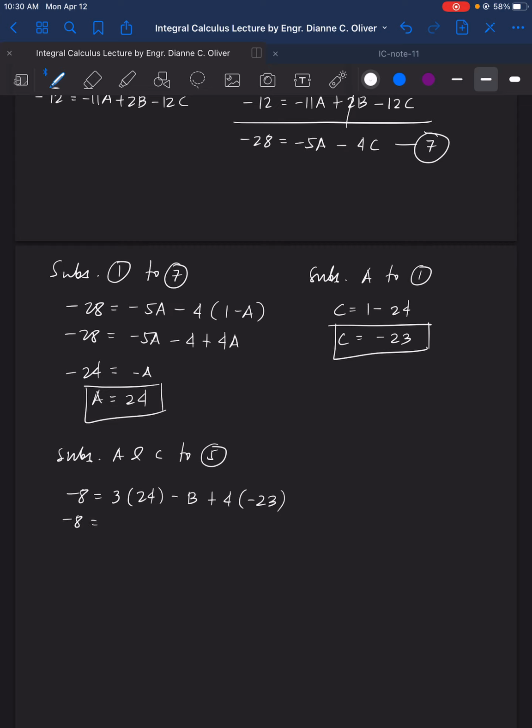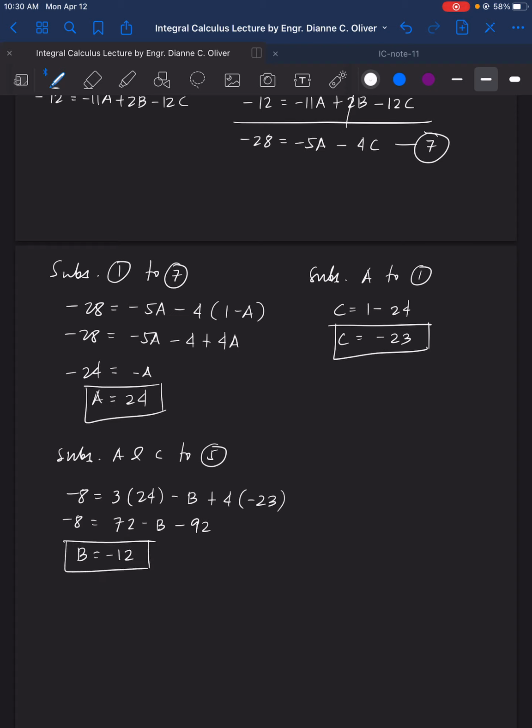Negative 8 equals 72 minus b minus 92. So b is equal to, you can use your calculator or you can do mental math here, negative 12.